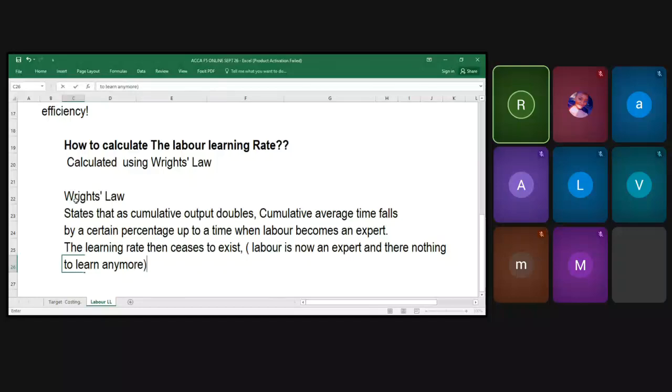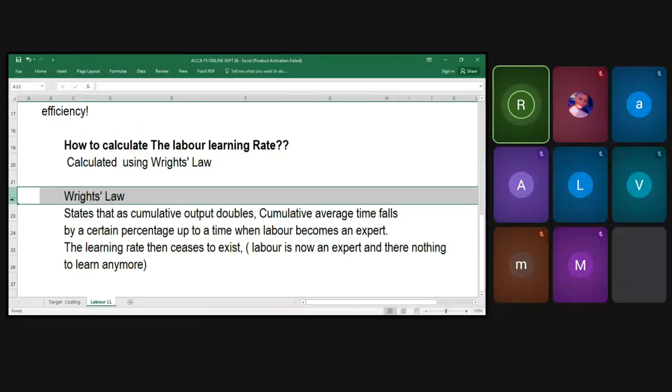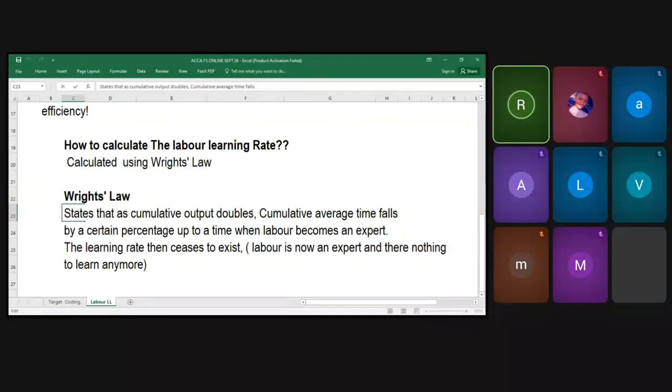If you become an expert, there is nothing to learn anymore. So what does that mean? What is critical is that our output is doubling, and then cumulative average time falls by a certain percentage.